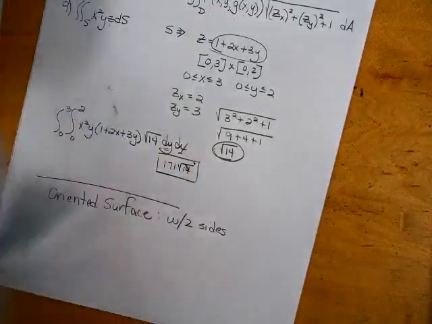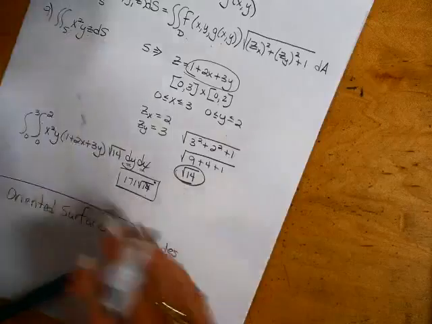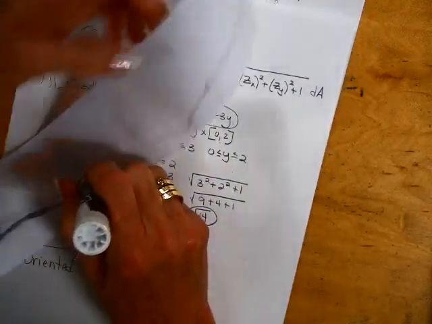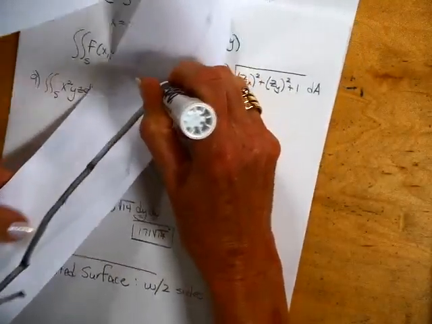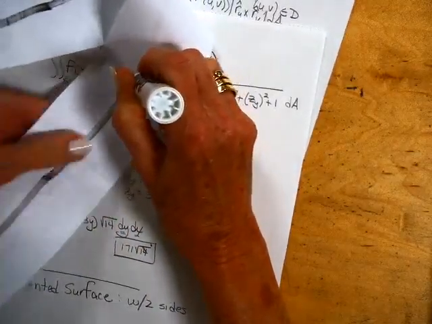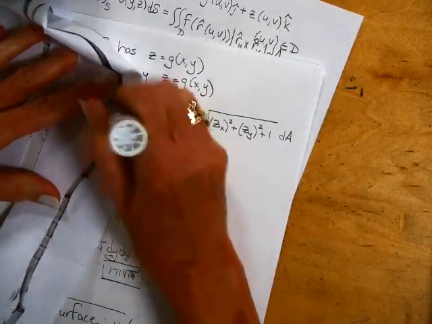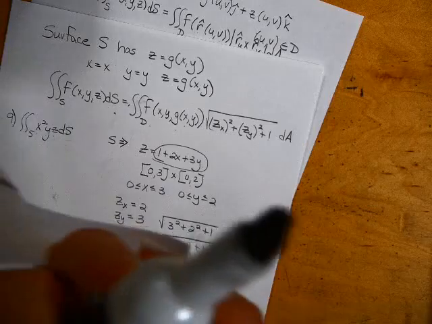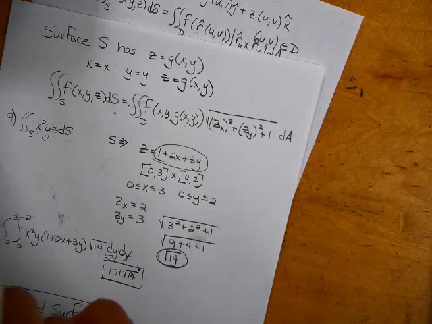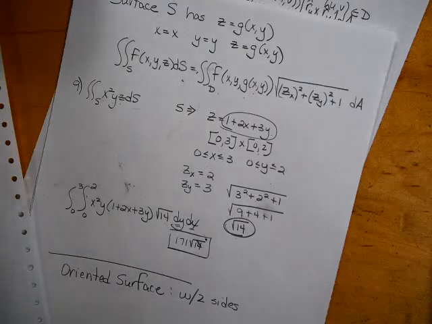Pretend like I didn't pick it up. Poof. I got right back where I started. Of course, it would have been better if I hadn't had to try to put it under that screen. But anyway, this is a one-sided surface.